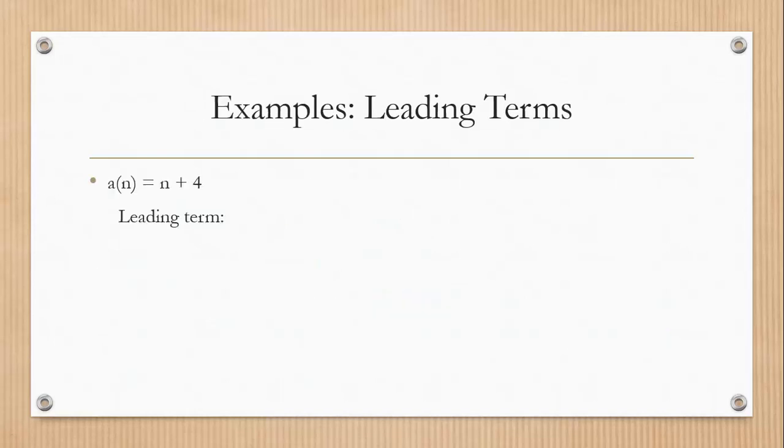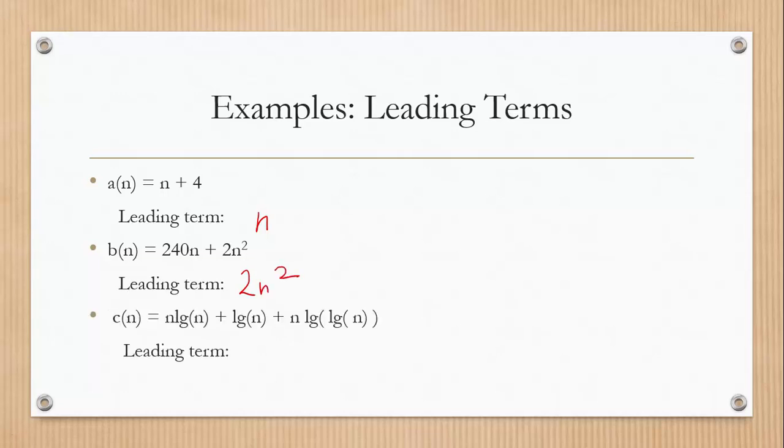A few examples in which we will calculate the leading terms: a(n) equals n plus 4, so here the leading term is n. b(n) equals 2n square plus 240n, so here the leading term is 2n square. c(n) equals n log n plus log n plus n into log of log n, so here the leading term is n log n.